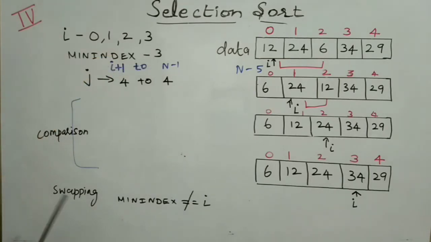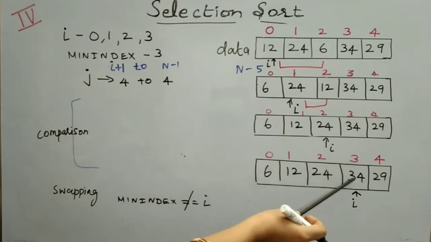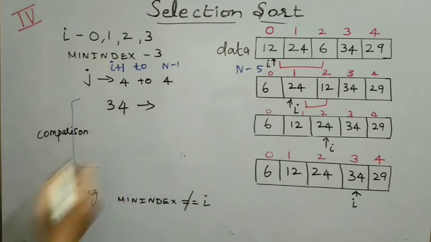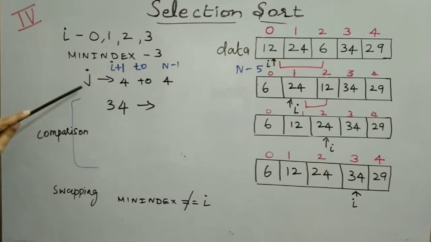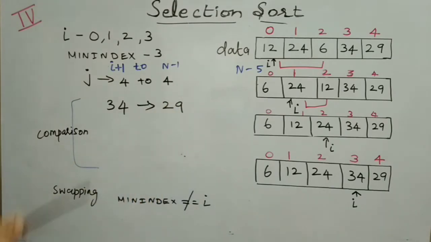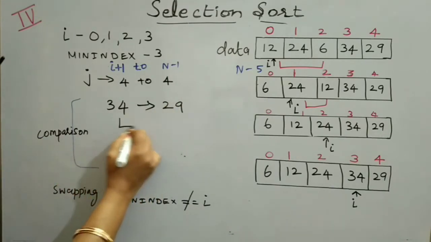Minimum index is 3, and in that position we have the element 34. This element is compared with the subsequent element pointed to by the variable j, at index position 4. What is the element there in 4? That is 29. So both values are compared.